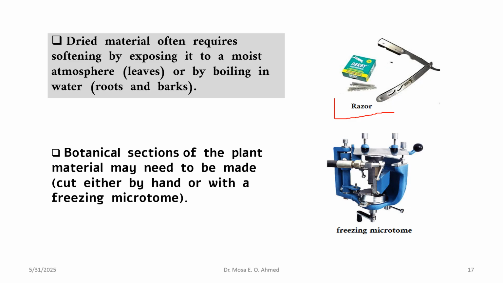Soft tissues like leaves, roots, and young bark or young roots, after boiling, can be cut by a razor. A freezing microtome can also be used to prepare botanical sections, especially for hard tissue like older bark, stems, or wood.